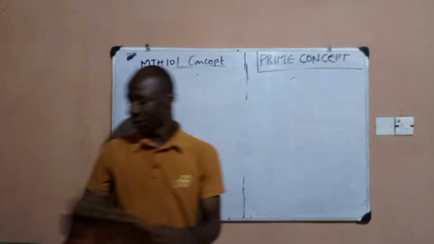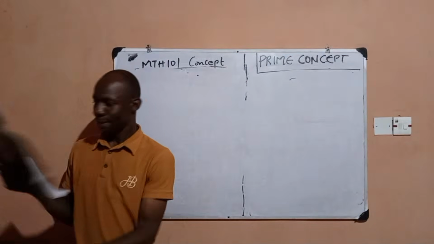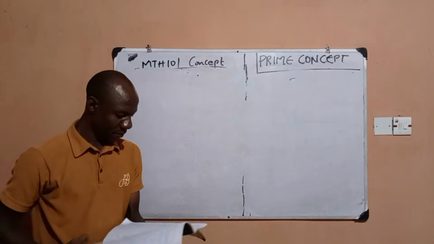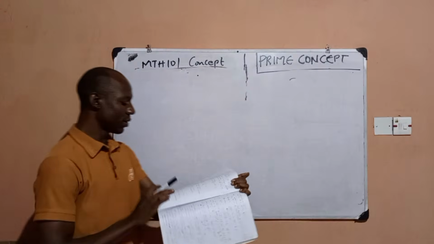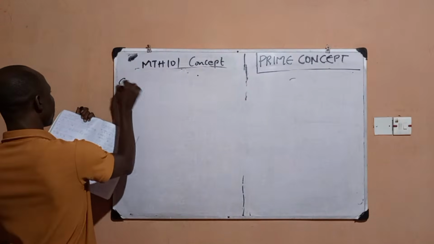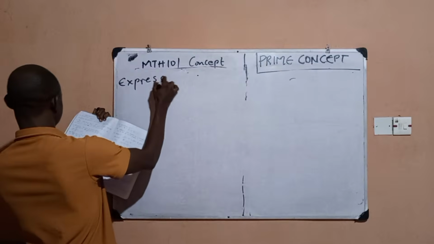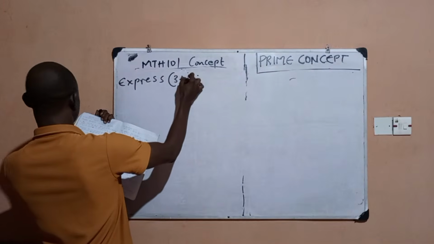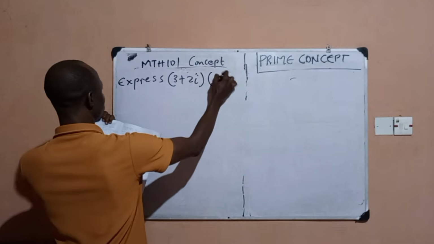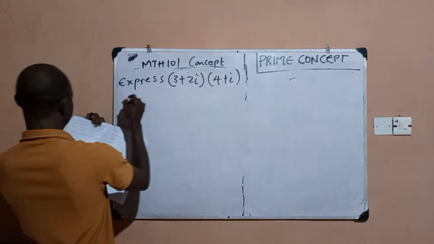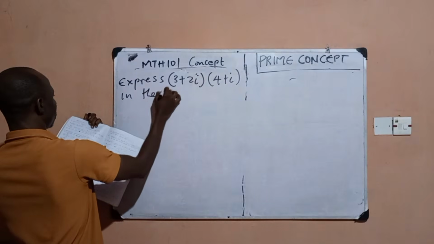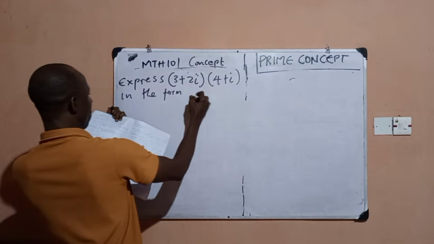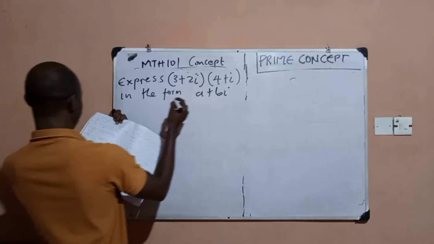Let's look at the next question. The next question says, express 3 plus 2i times 4 plus i in the form a plus bi.